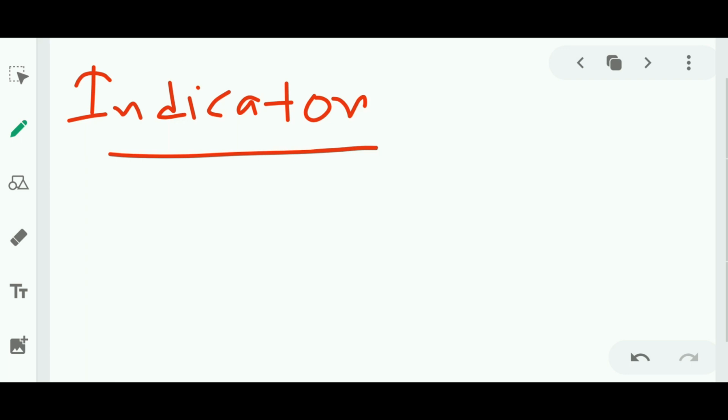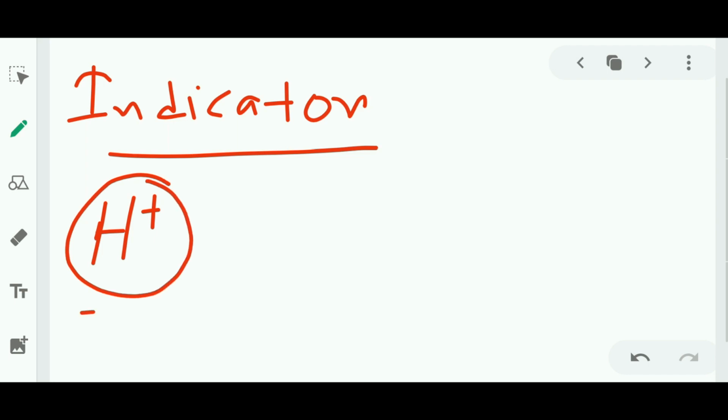If the concentration of H plus ion is more, a particular indicator has some color, and if OH minus ion is present, its color changes into a particular color.